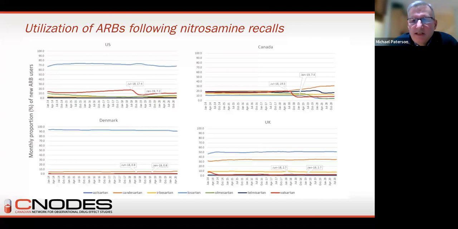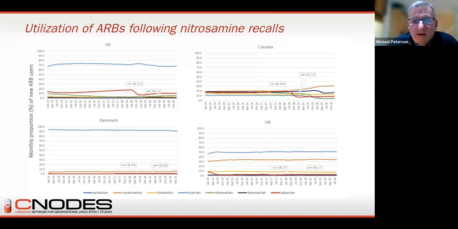So this just gives you a flavor of a piece of the results from that first study, the angiotensin receptor blocker recall project. And this plots the monthly proportion of new ARB users over time throughout the period of the recalls, which were summer 2018.